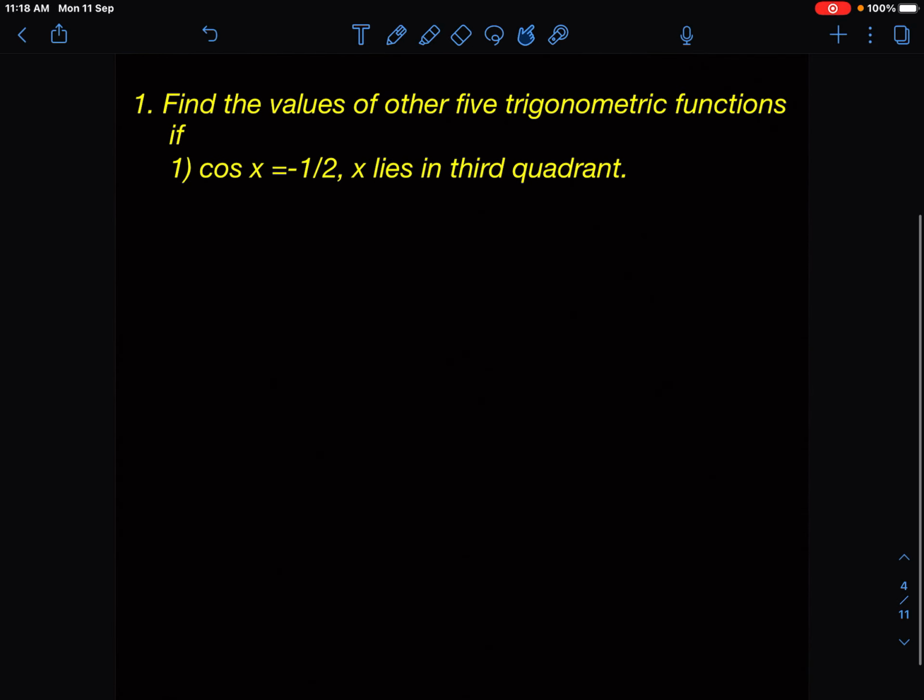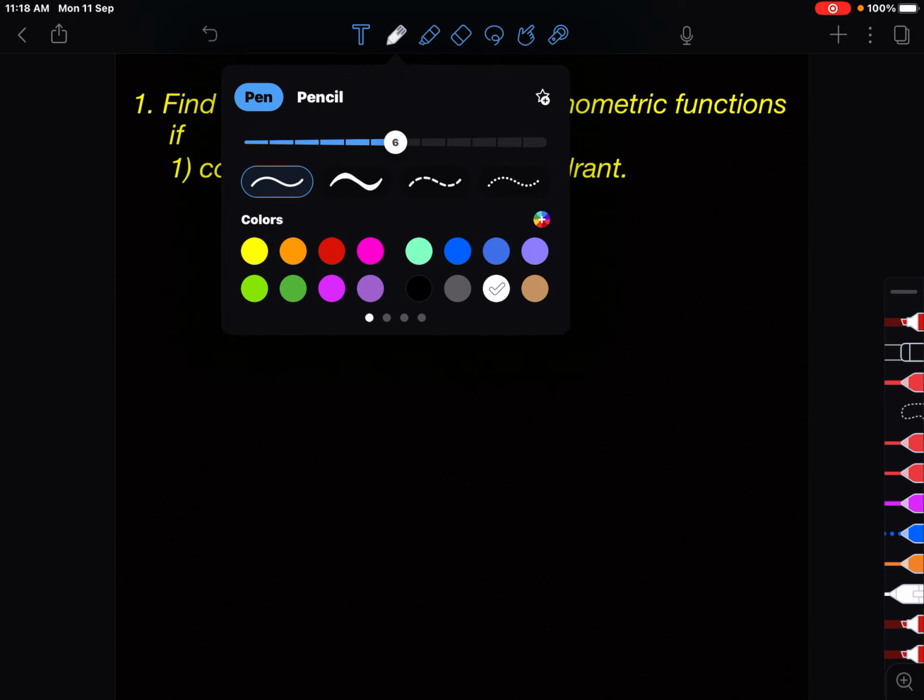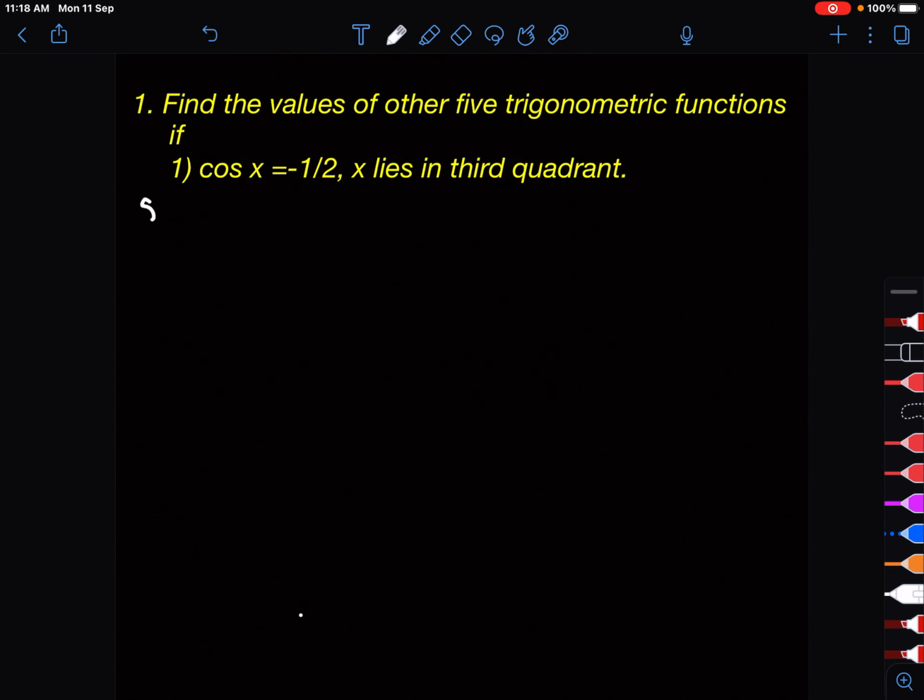Now what are we supposed to do? Initially what is given? Cos of x. So the solution: we can write it as, the inverse of cos x is secant x. So whatever is given, just write the inverse. Secant of x is equal to 1 by cos x.